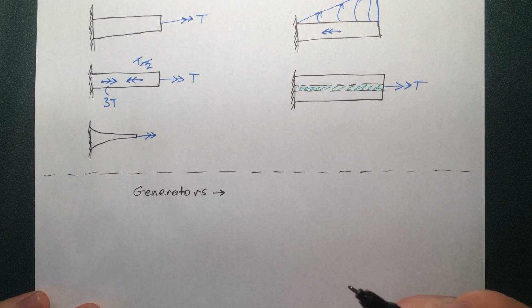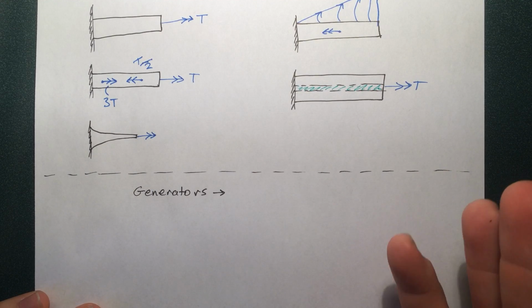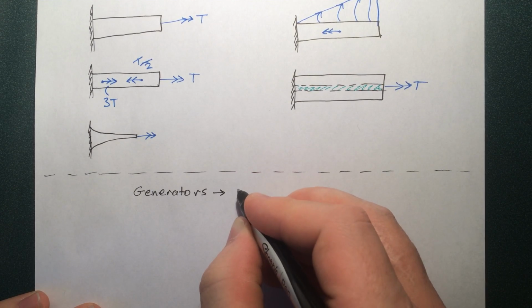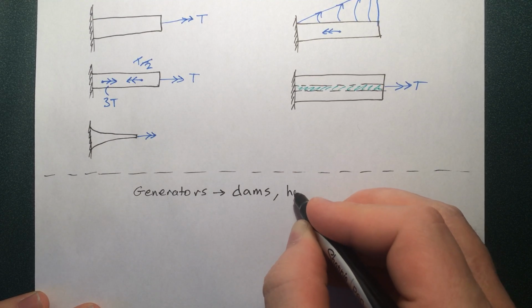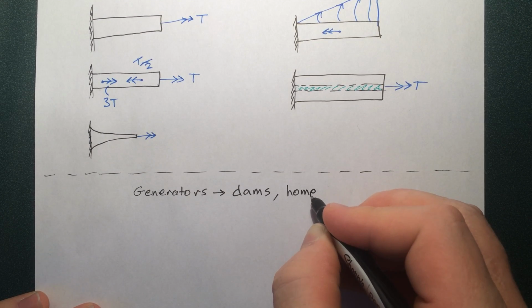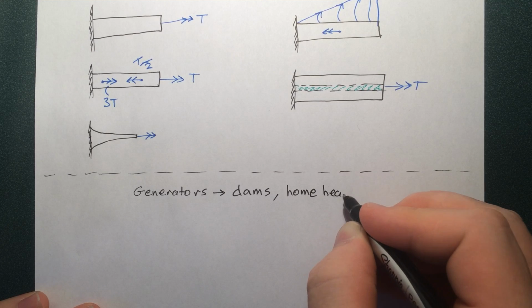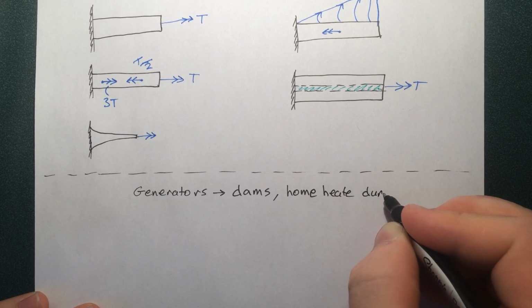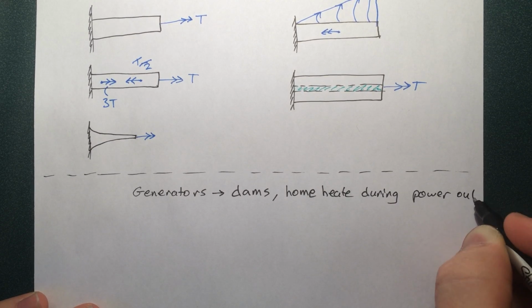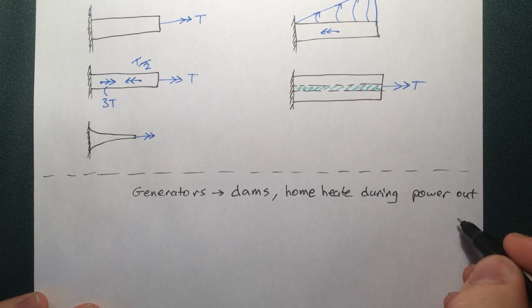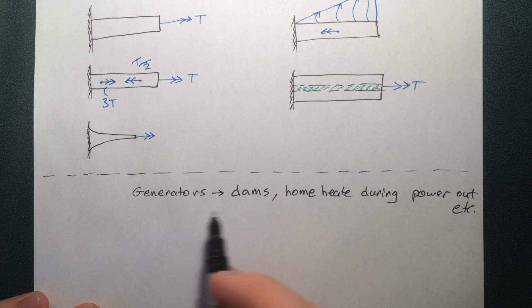There are lots of kinds of shafts and different kinds of generators I can think of. Alright, lots of different generators.